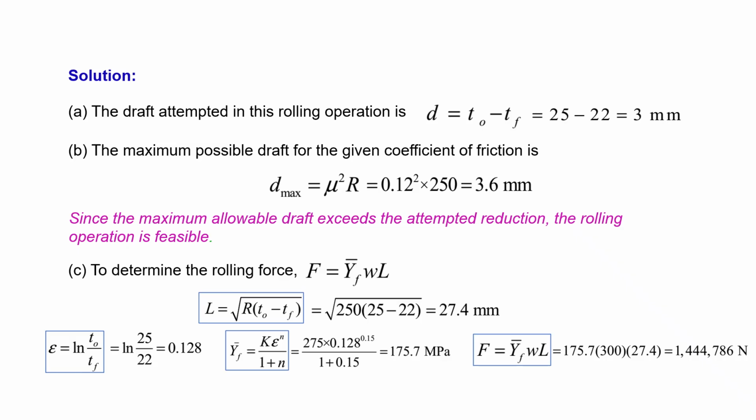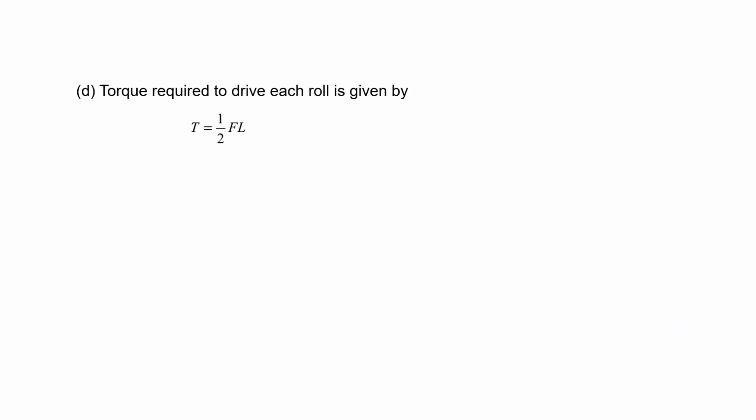Now I found the value for the force. I can find the value for the torque. So the torque, as we said, is going to be equal to half multiplied by the F multiplied by the L. So the value for the F that was calculated, as we mentioned, is 1,444,786.